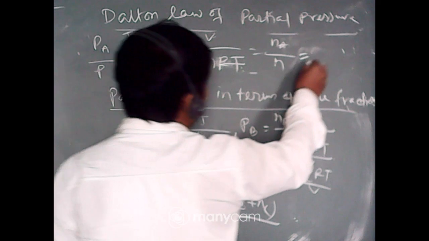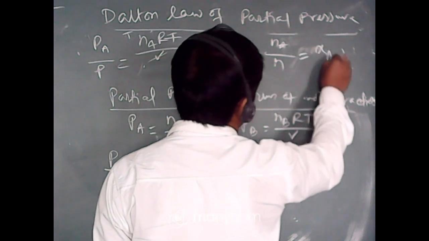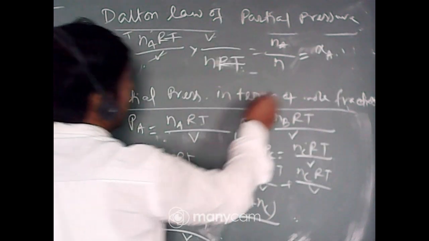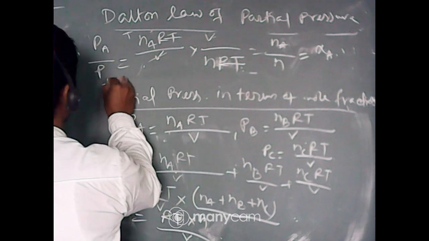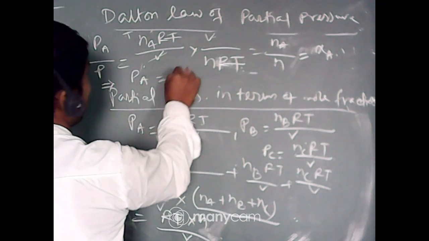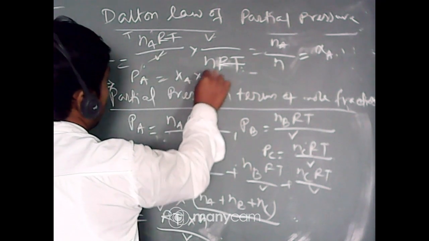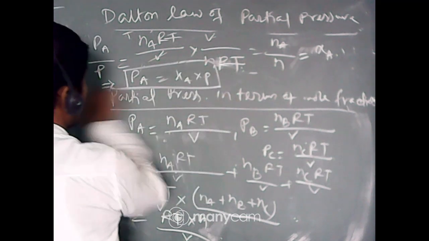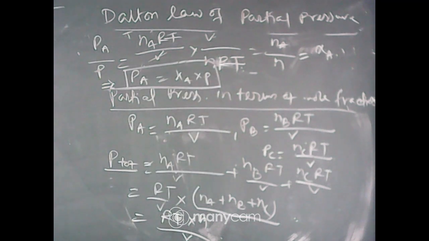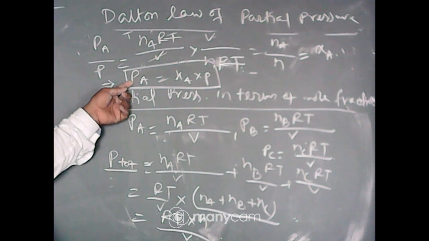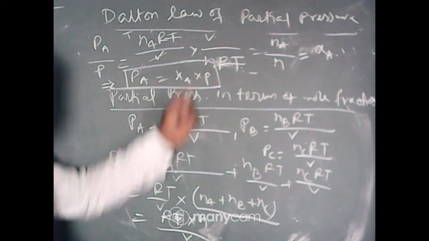It is the mole fraction, XA. So from here, PA equals XA into P. So this is what we had to derive: the partial pressure equals mole fraction into total pressure.